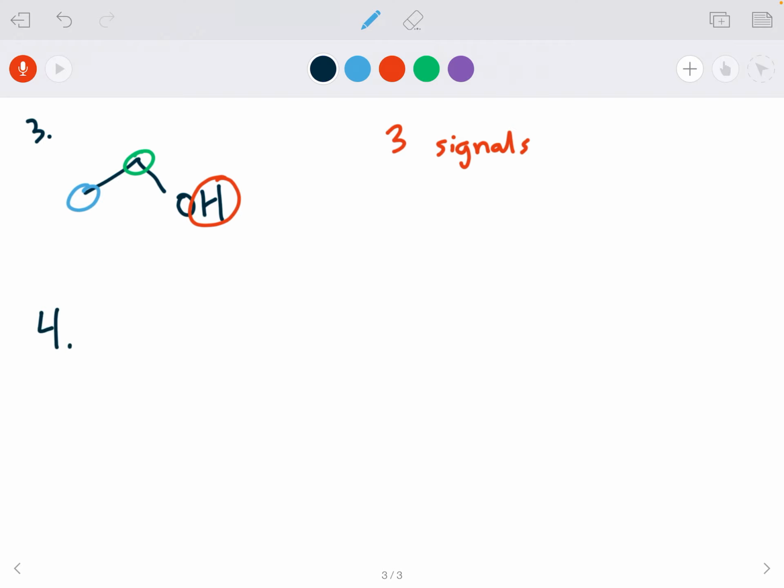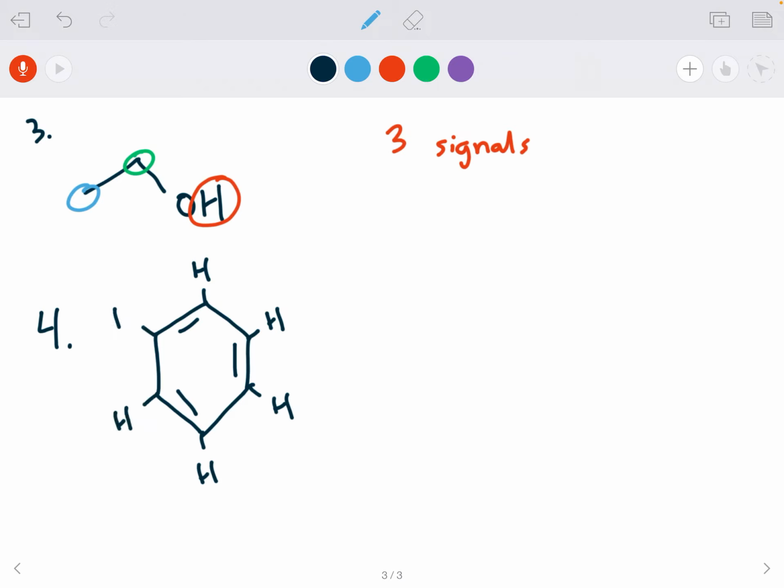Then lastly, this is going to be a great example of symmetry that hopefully will help you a little bit more with determining signals. I'm just going to draw benzene. I'll put the hydrogens in here too. So each carbon has one hydrogen on it. So there are 6 carbons and 6 hydrogens, but only one signal.